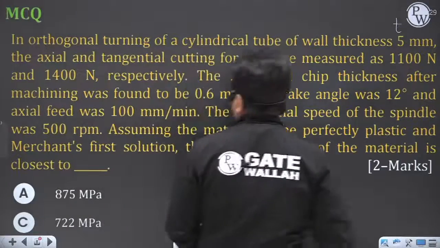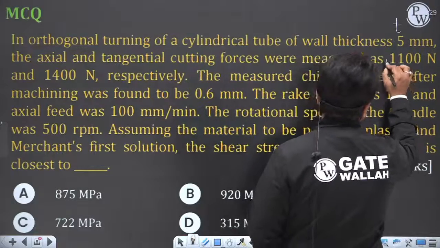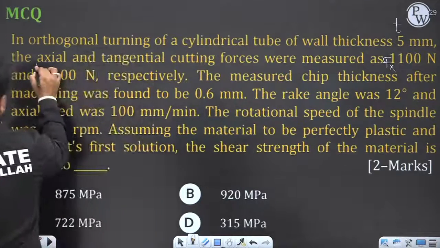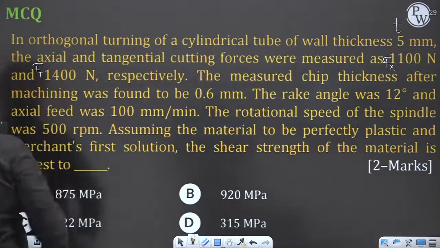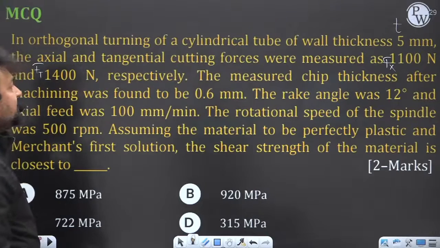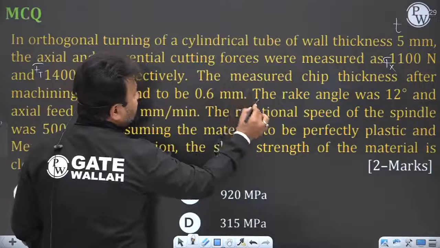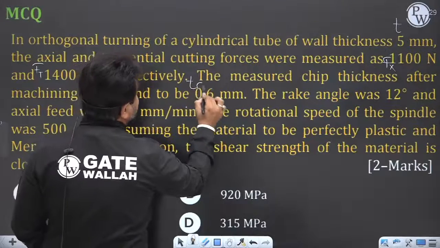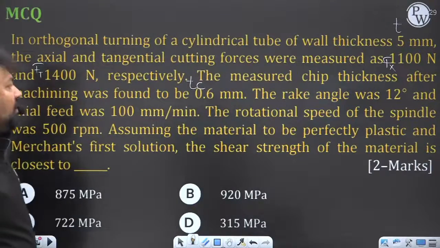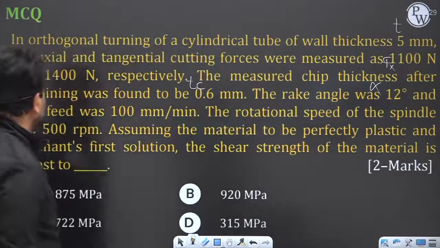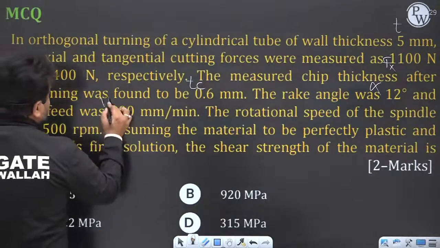This is axial and this is tangential. The measured chip thickness after the machining was found to be TC. The rake angle was 12 degree, alpha is given, and axial feed, that is Vx, is given to us.